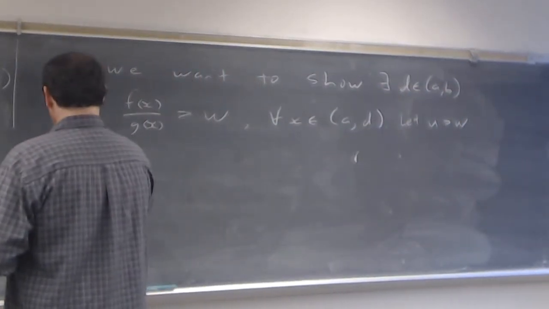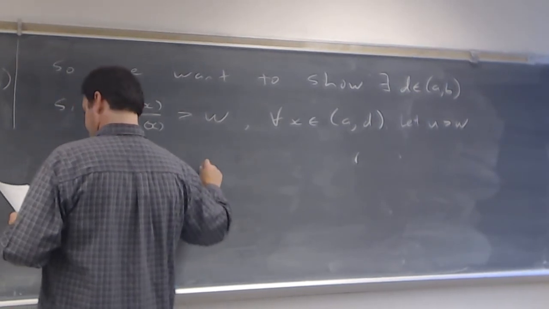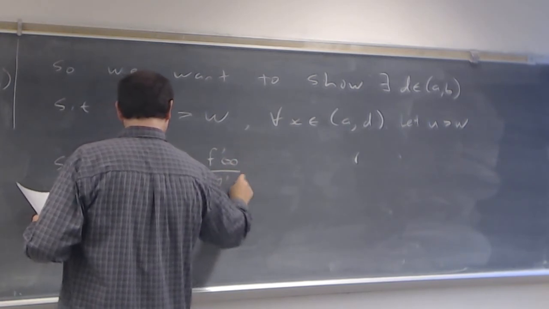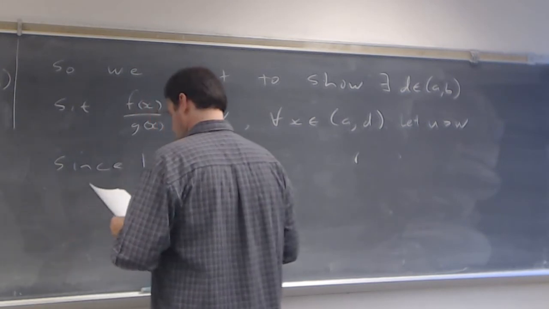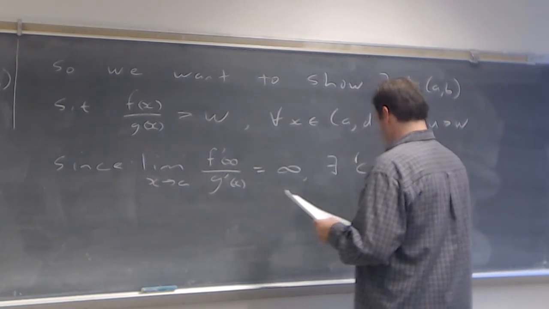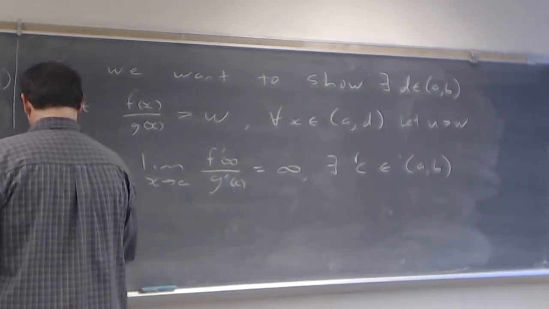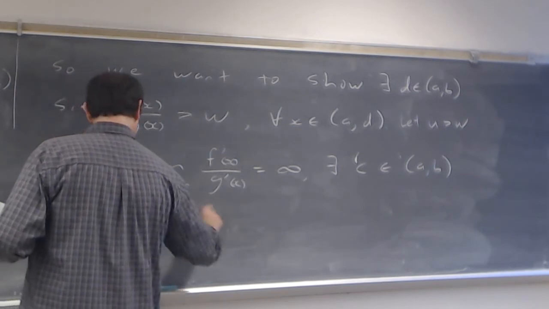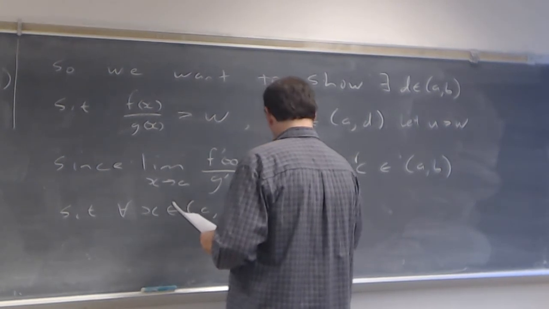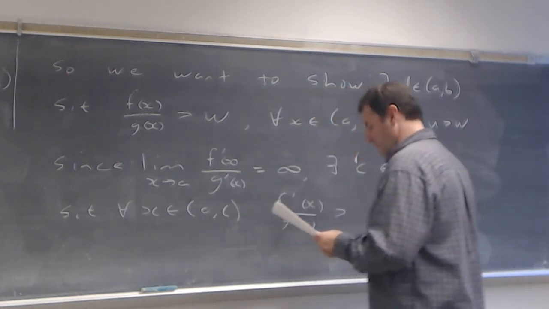So here, since the limit as x goes to a of f prime of x over g prime of x equals infinity, there exists a C, an element of the open interval from A to B, such that for all x an element of A to C, f prime of x over g prime of x is going to be bigger than u.